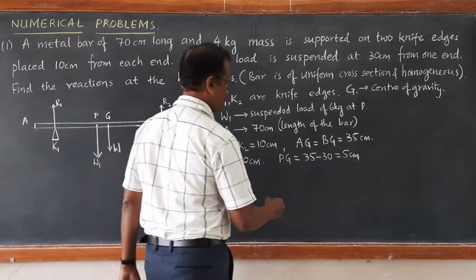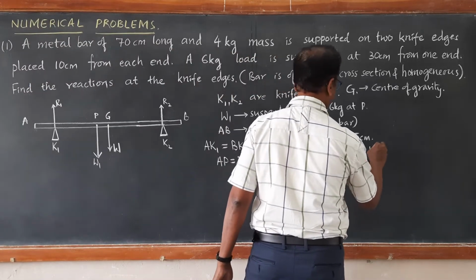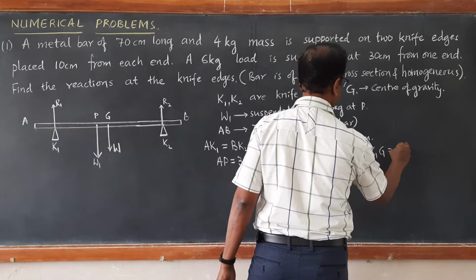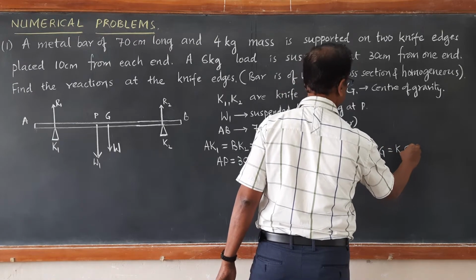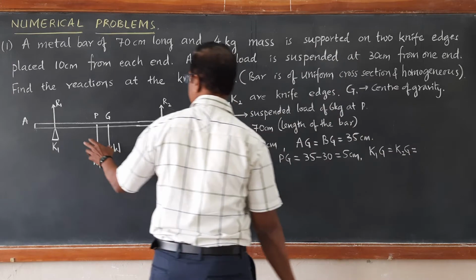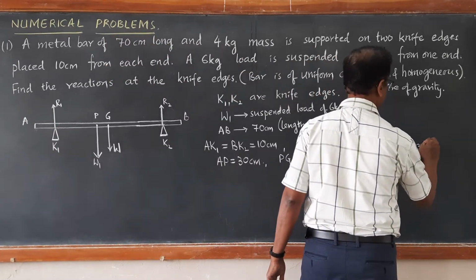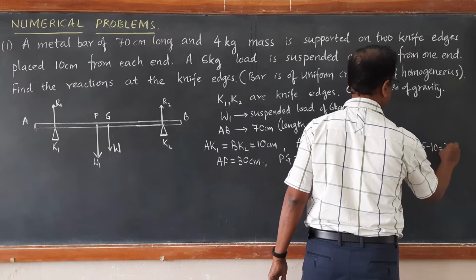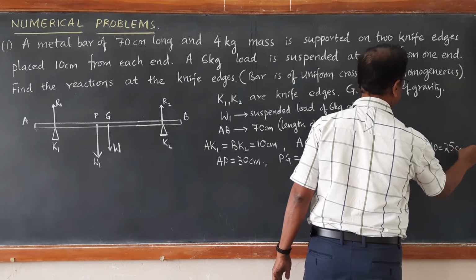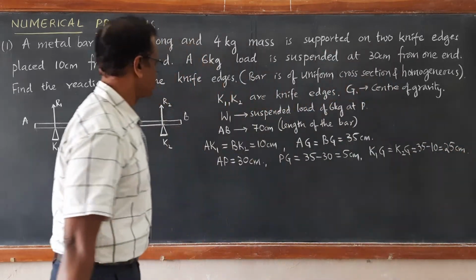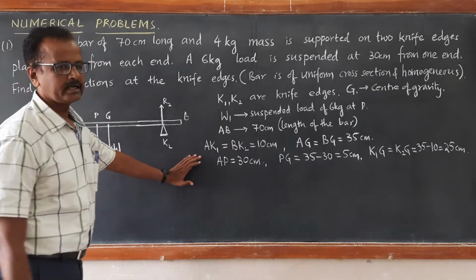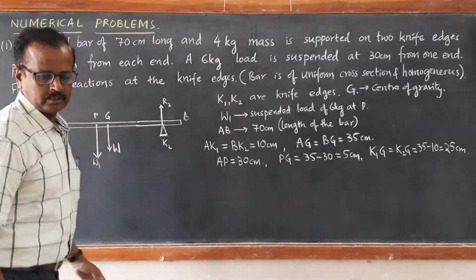So I will write here K1G equal to K2G equal to 35 minus 10, that is equal to 25 centimeter each. Okay, this is the data required for calculations.